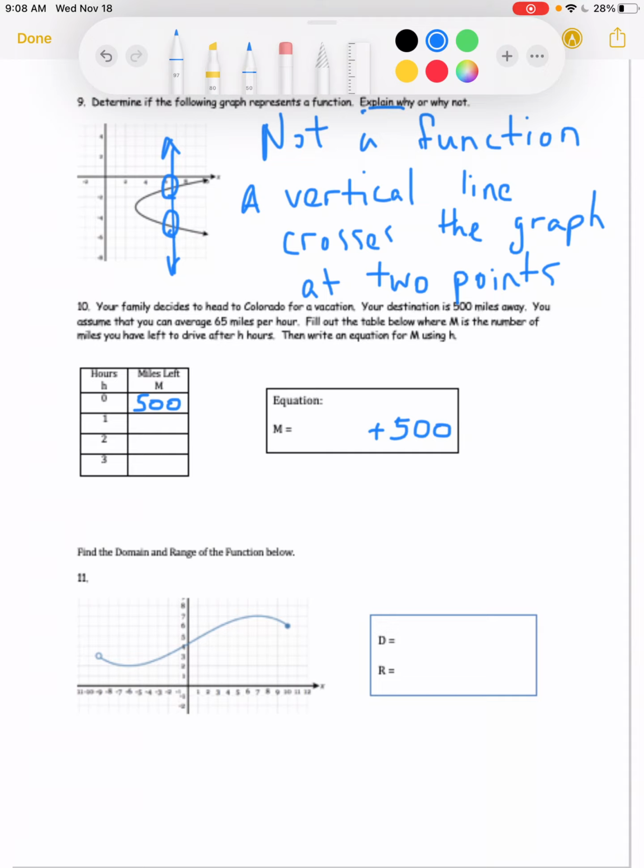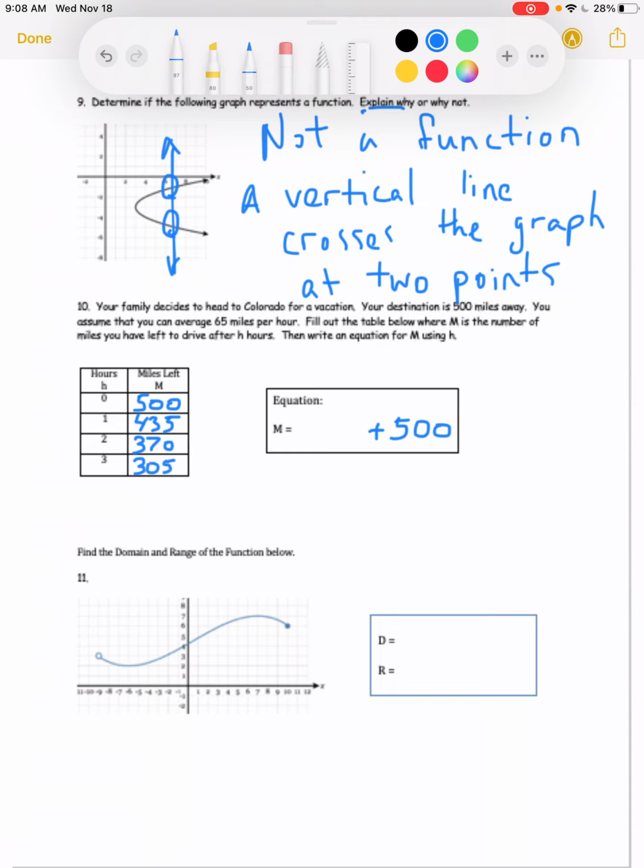So 1 hour after we start, we started at 500 miles away. 65 miles later, we're going to be 435 miles from our destination. Another hour, I'm just subtracting 65 each time. And then another hour gets me to 305 miles away.